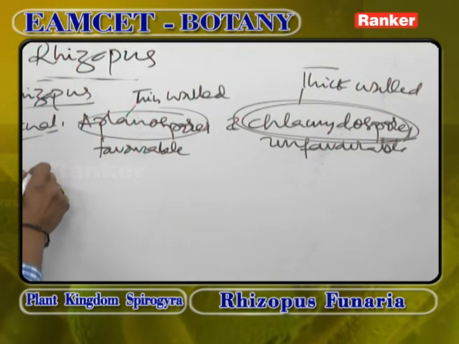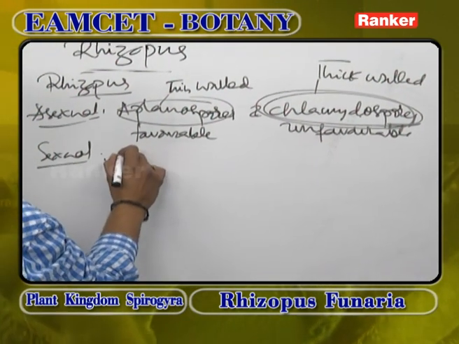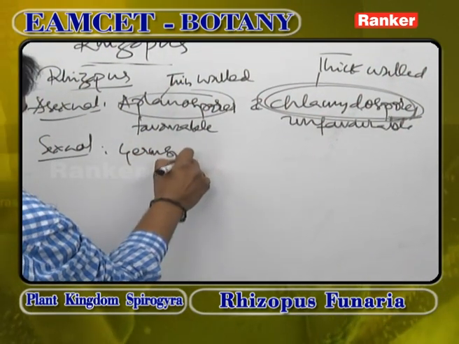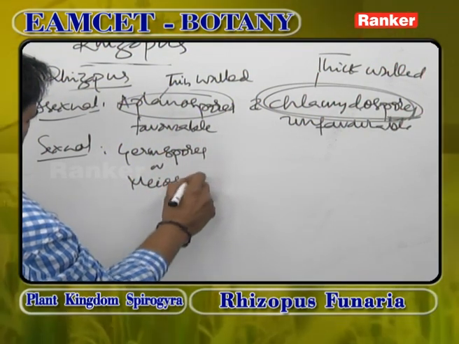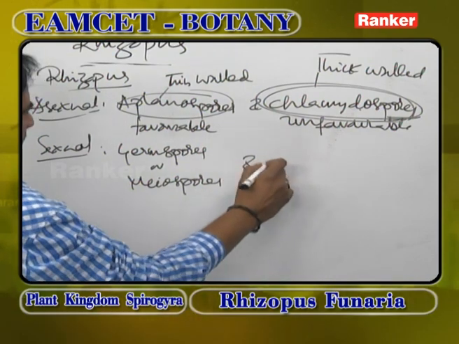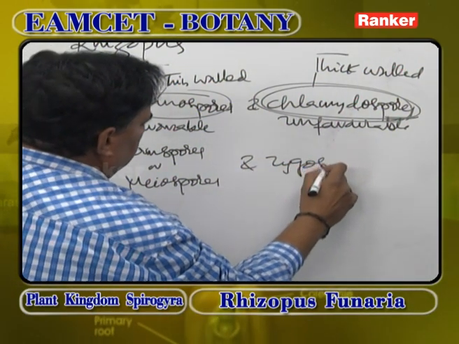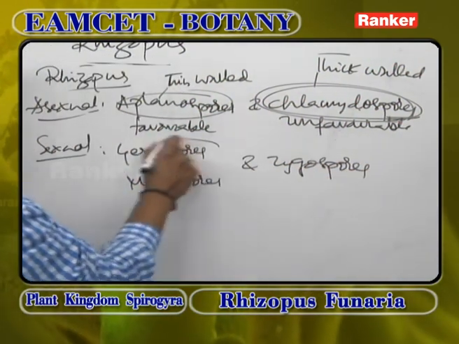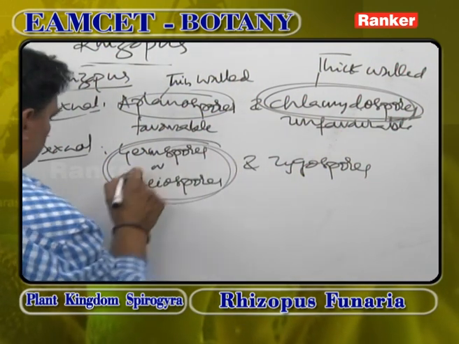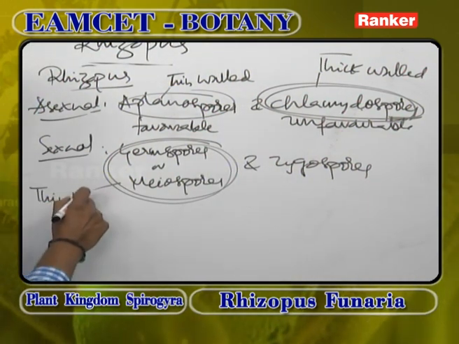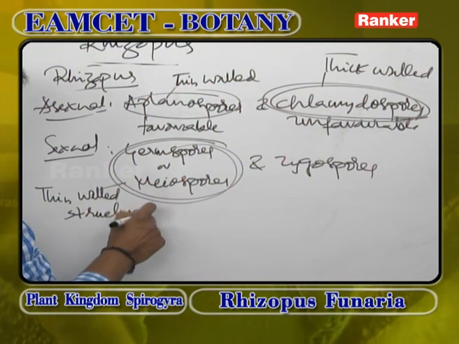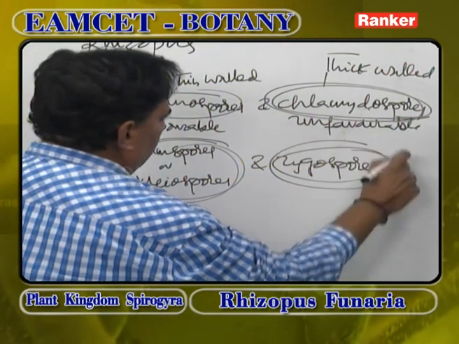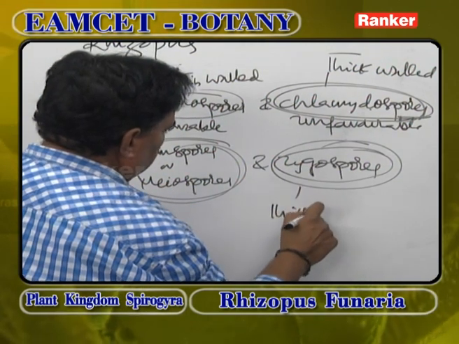Whenever sexual reproduction takes place, germ spores are formed. Germ spores, meiospores are formed, and zygospore is formed. Germ spores and meiospores are thin walled structures, whereas zygospores are very thick walled structures.